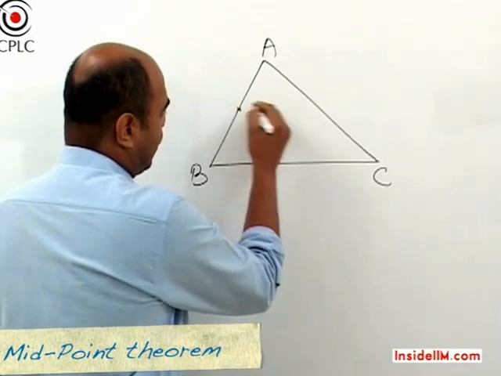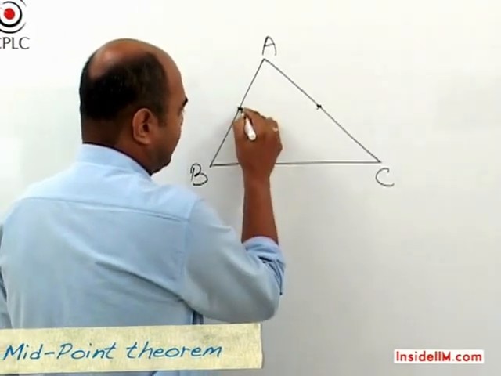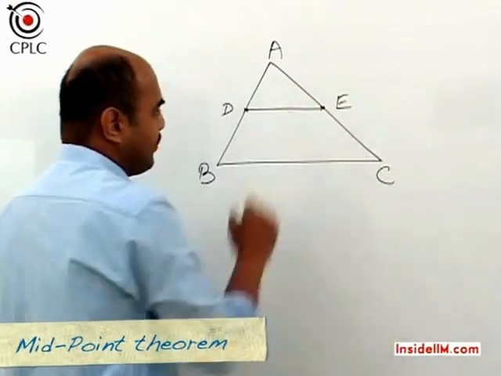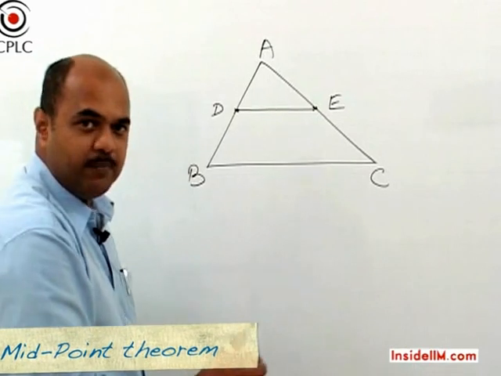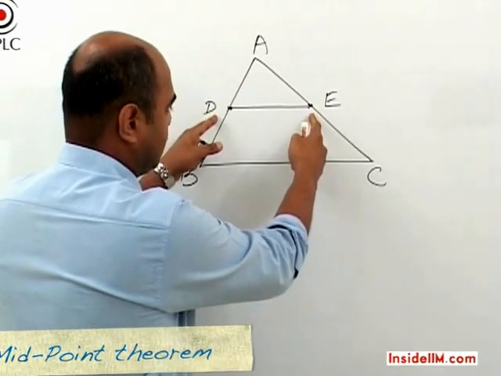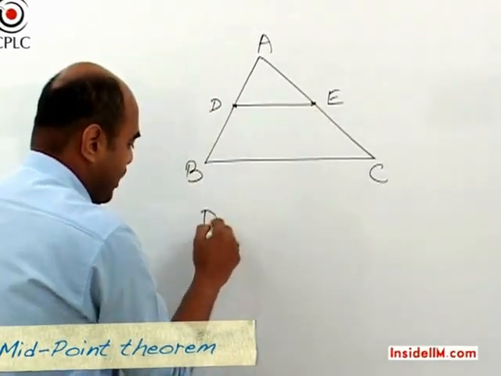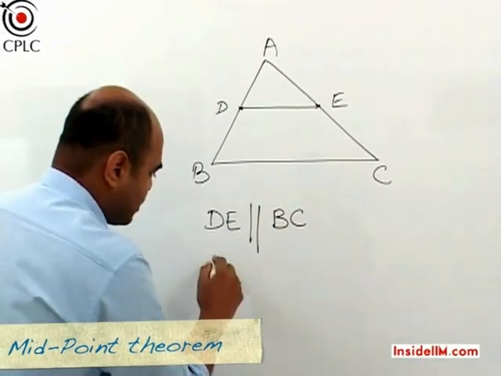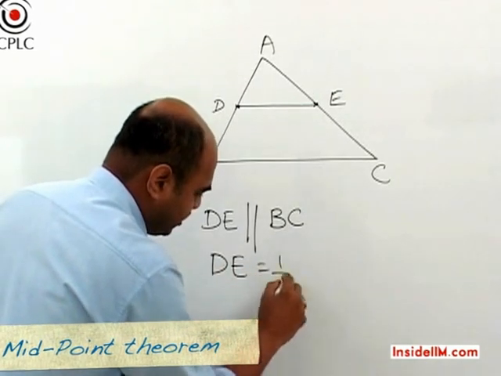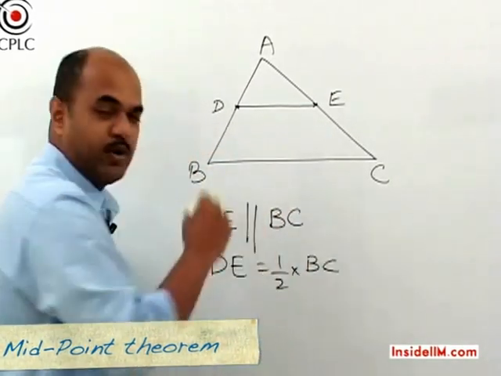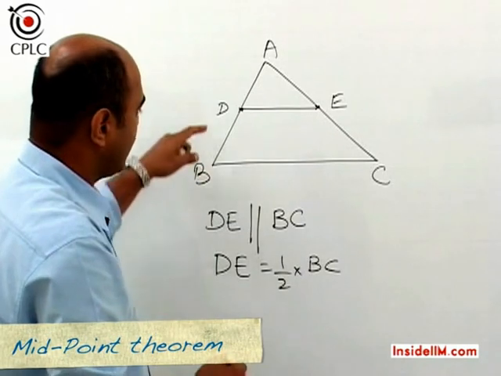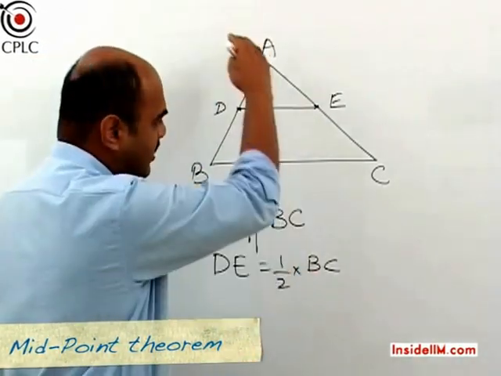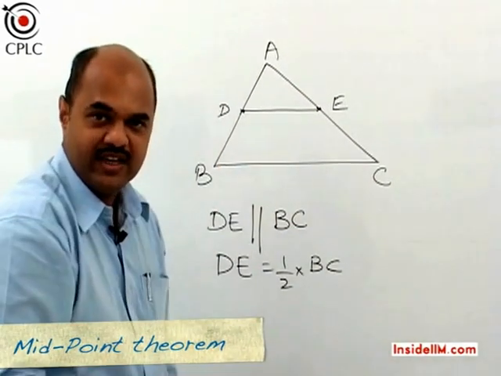If we take the midpoint of AB and the midpoint of AC, and if we join them, let's say this is DE, then the line joining the midpoints of two sides, which is DE, is parallel to the third side and is also half of the third side. So this is the midpoint theorem. Similarly, we could have looked at the midpoints of AB and BC, which would have been parallel to AC and half of AC.